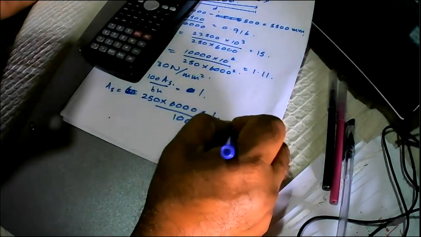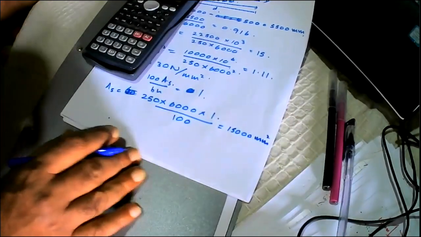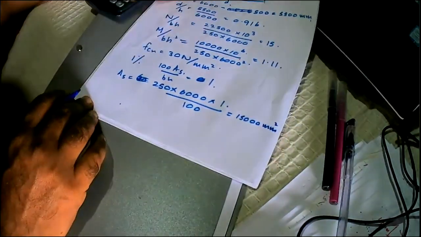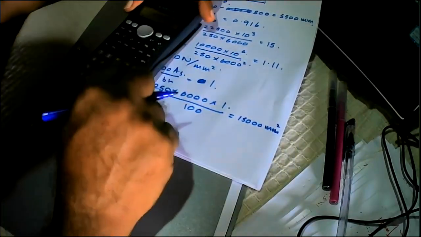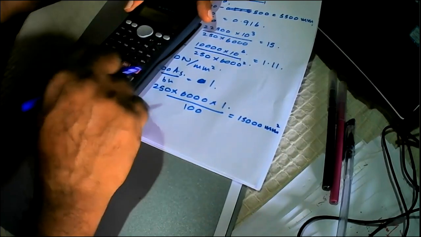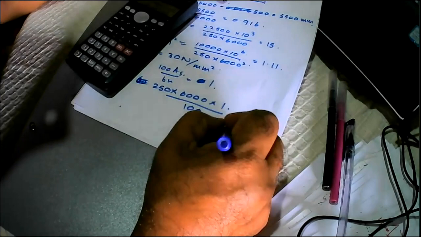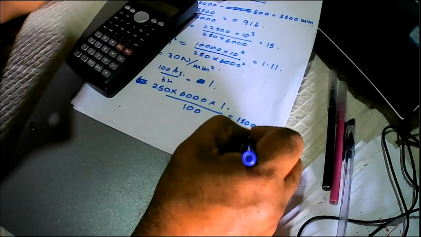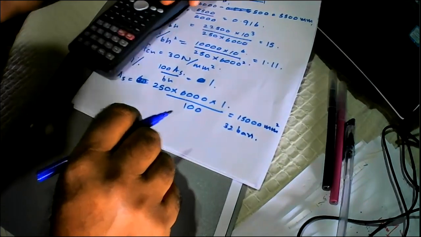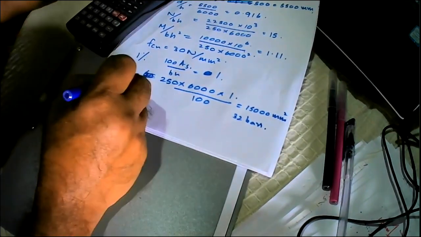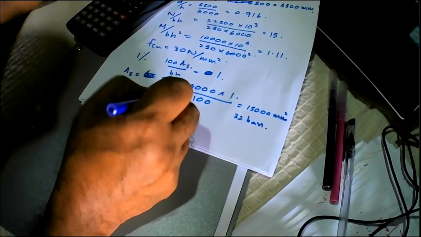So we need 15,000 square millimeters of reinforcement. So what you do is 15,000 square millimeters divided by 490. So you can see we need about 30.6 bars, which means we can provide 32 bars of 25 millimeter diameter.